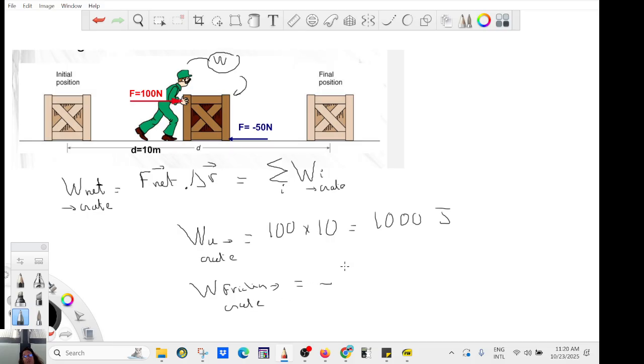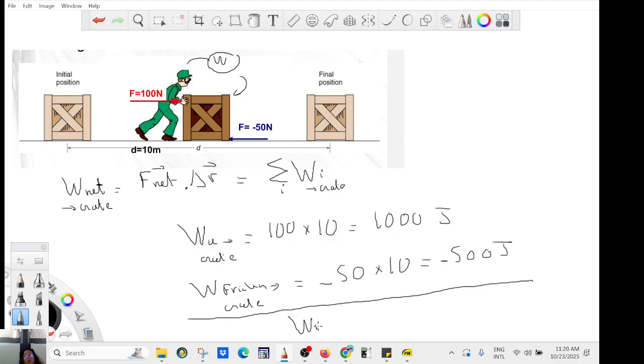It's going to be minus 50 times 10, so minus 500 joules. Exactly. So then you can find the net work done on the crate. That will be 500 joules, and that net work will be equal to the change in kinetic energy. So that is for this definition here.